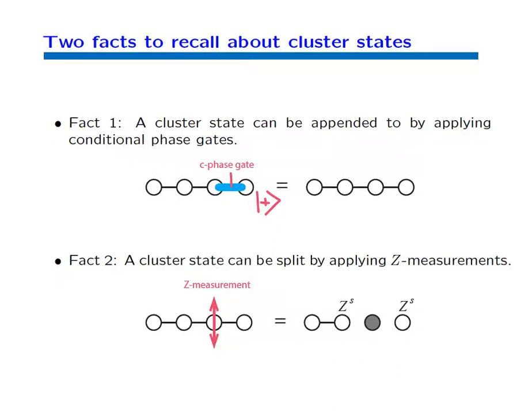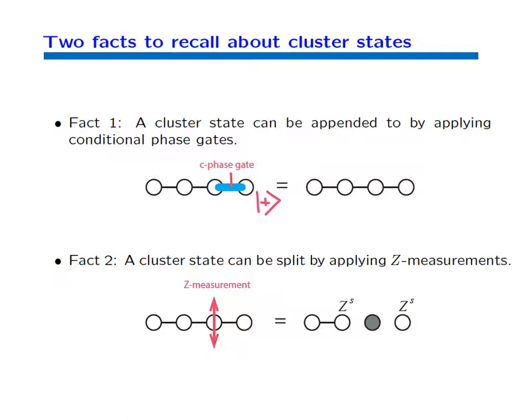There are really just two ideas that enter here. They are very simple ideas. Fact number one is that a cluster state can be appended to by applying conditional phase gates. This relates to the scenario that we described earlier. Cluster states can be created by the Ising interaction, and conditional phase gates are just the computer science version of applying the Ising interaction.